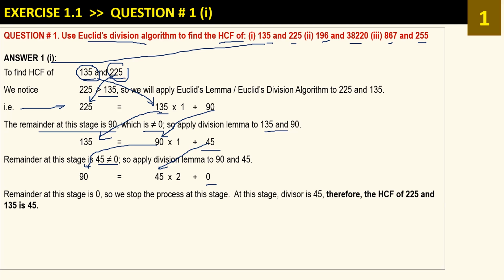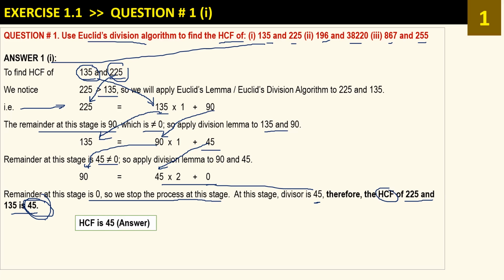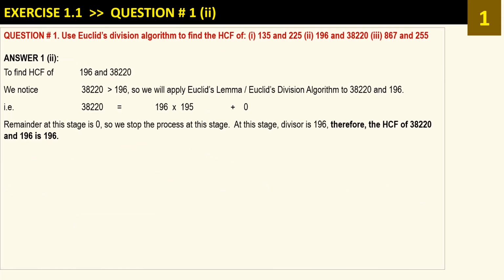So now that we have reached the stage that the remainder is 0, the process will have to stop, and at this stage the divisor is 45, and therefore the HCF of 225 and 135 will be 45, and this is our answer.